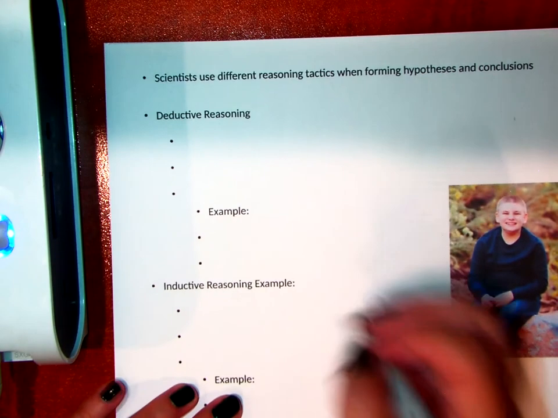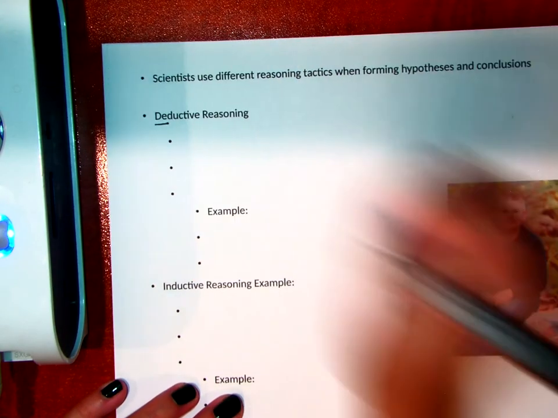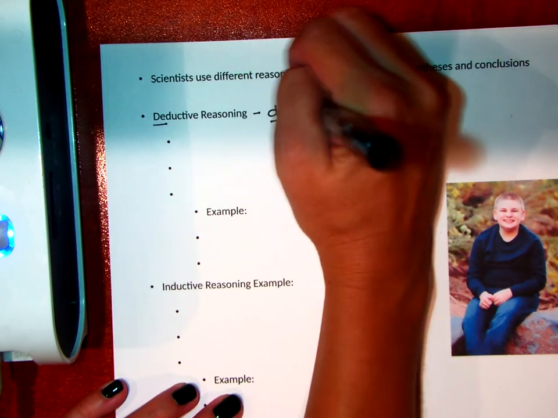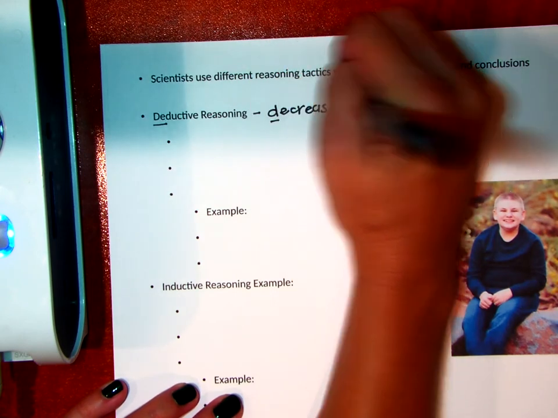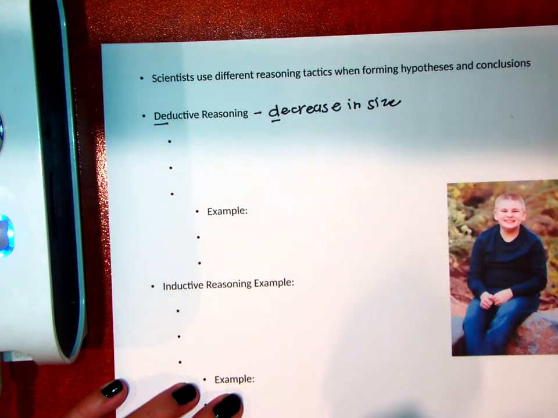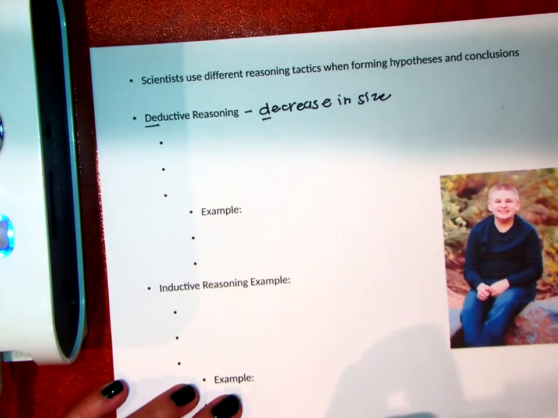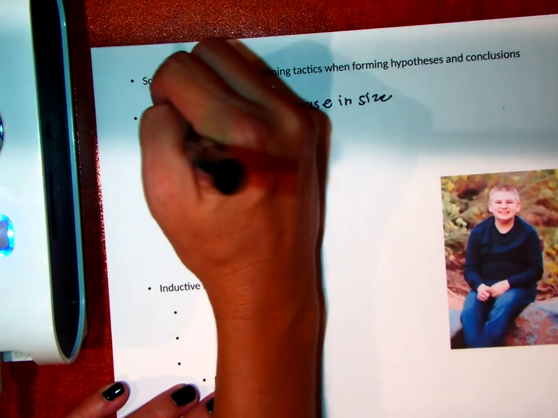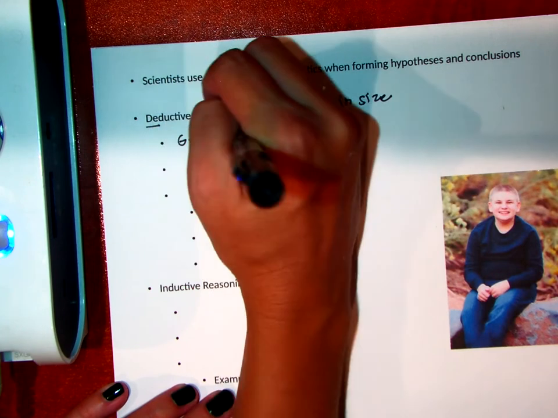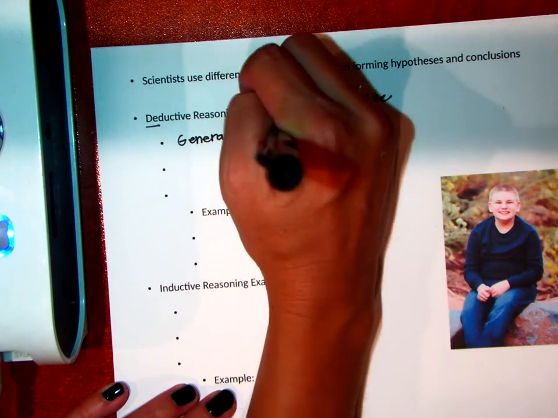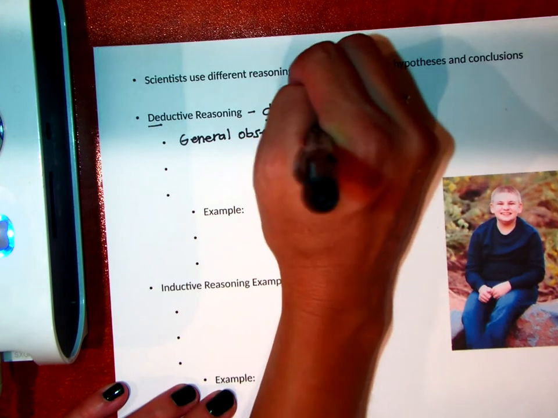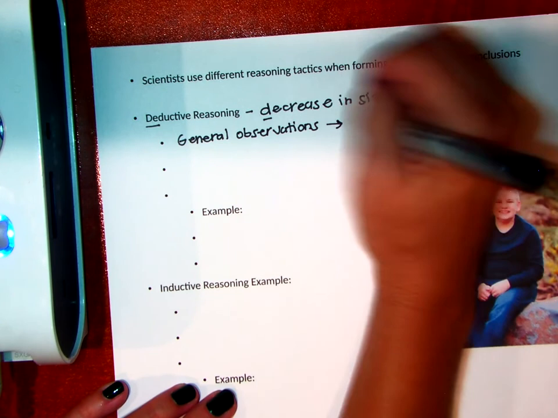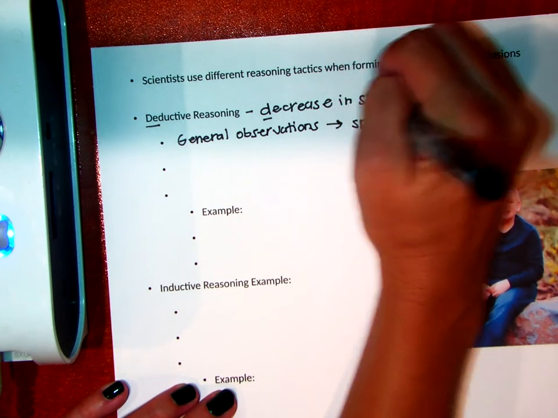When you see deductive reasoning, it starts with a DE, so you can think of a decrease in size. With this type of reasoning, we are taking general observations and then using that to make very specific conclusions.